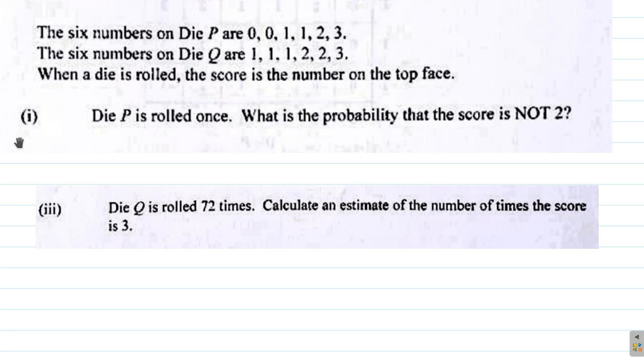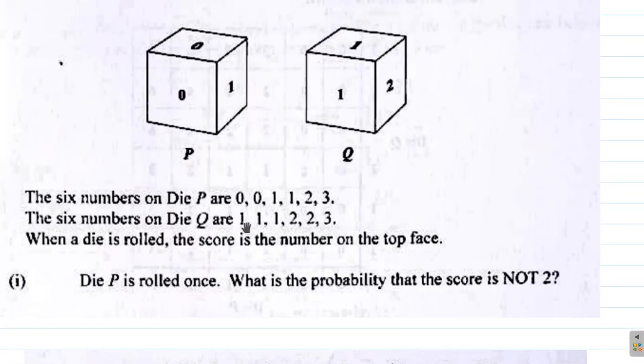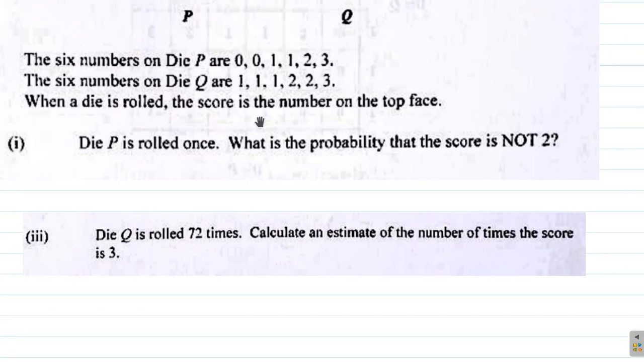Die P. P is the one up here: 0, 0, 1, 1, 2, 3. Oh, it's die Q, not die P. It's rolled 72 times. Calculate an estimate of the number of times the score is 3. There's only 1 three. So the probability of getting a 3 when die Q is rolled is 1 out of 6, because you have 1, 2, 3, 4, 5, 6 numbers, and only 1 three is available.